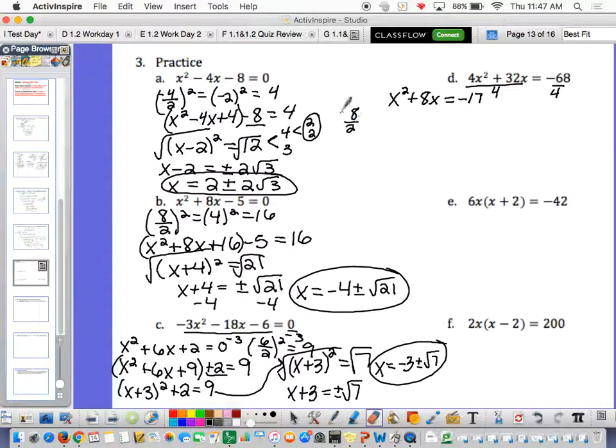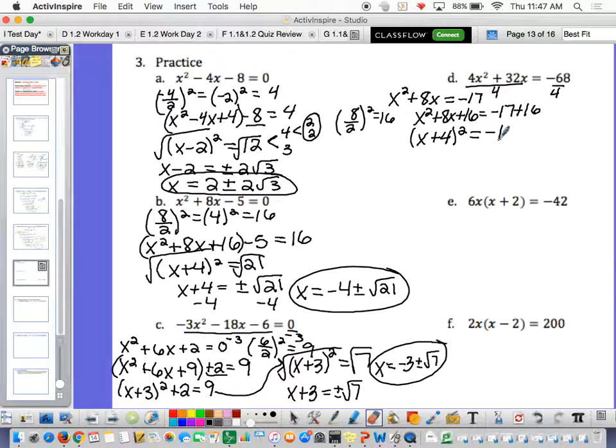8 over 2 squared is 4 squared, which is 16. So you have x squared plus 8x plus 16 equals negative 17. But then you also have to add 16 because you added 16 to one side. This then factors to x plus 4 squared.